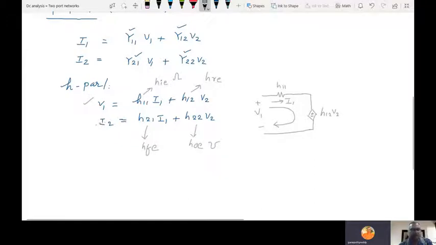The second equation is the current form. Current form means nodal. Nodal means parallel. So here we have to show parallel. V2 and I2 are common anyway.